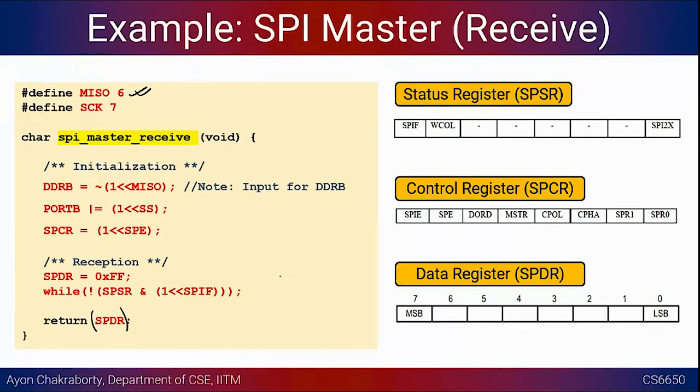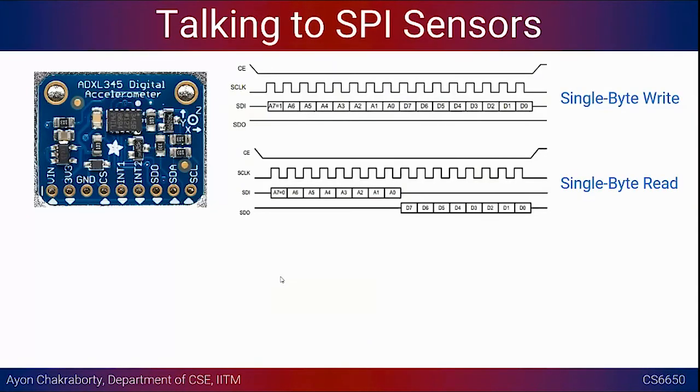Once you write the data, depending on whether it's an input or output, it is going to populate the data register with the received data, right? If the sensor is sending some data to the SPI master or the microcontroller, the sensor's readings will be available in the SPDR register.